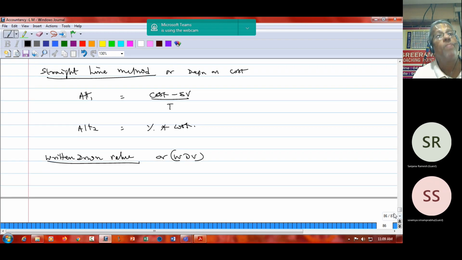So the depreciation is deducted from book value. Correct. I did not ask you from where depreciation will get deducted. The formula will be the percentage on book value. So depreciation under WDV is a percentage on carrying amount.